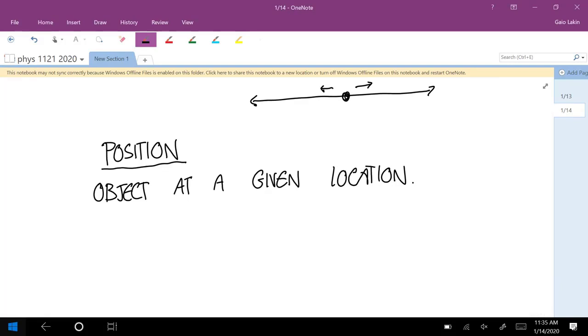What does it take to describe that location numerically? What does it take to assign a position value to this object's location?